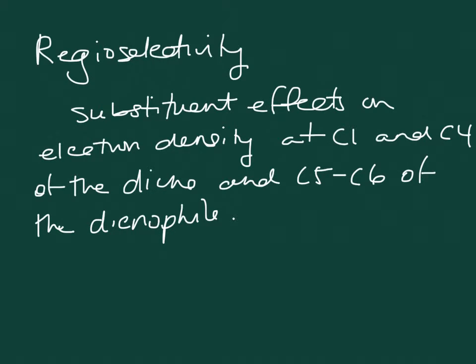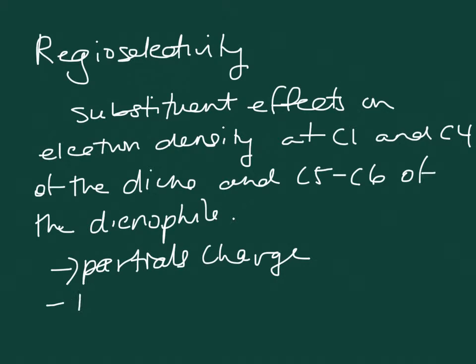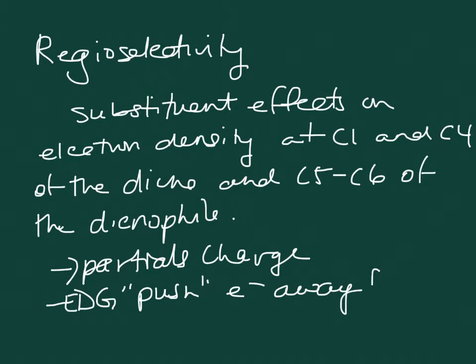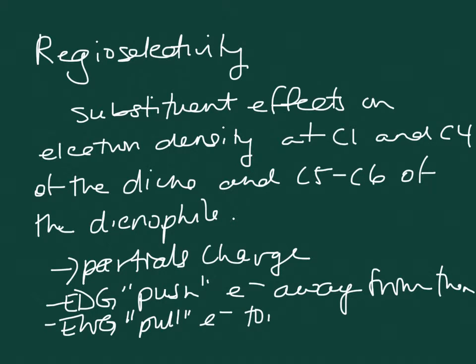So we're going to look for partial charges. We are going to remember that electron donating groups push electrons away from them, and that electron withdrawing groups are going to pull electrons toward them.